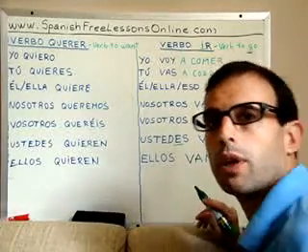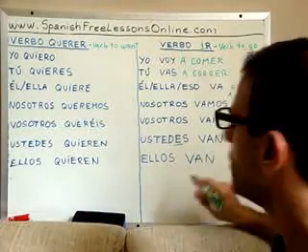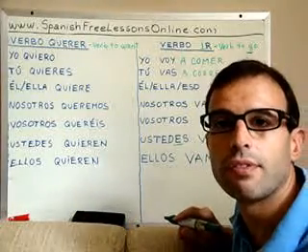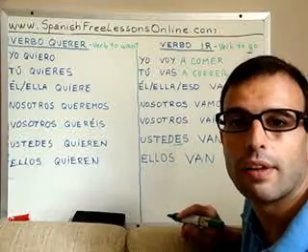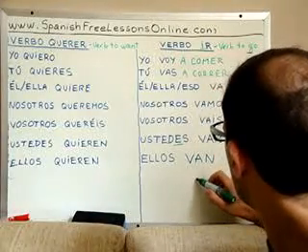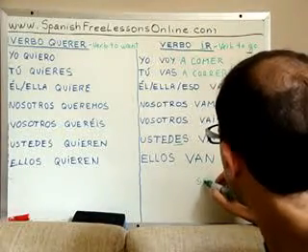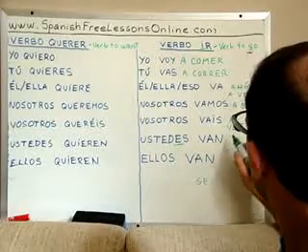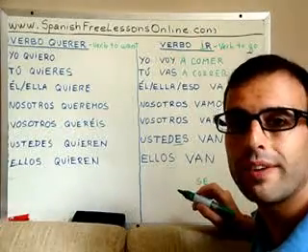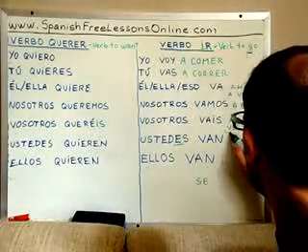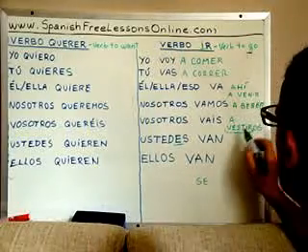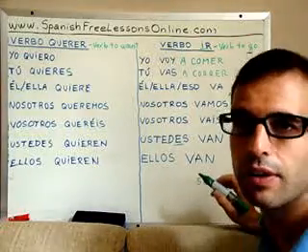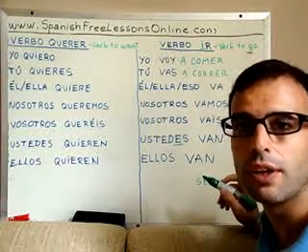Remember in one of our first lessons, we learned the reflexive verbs that finish with se. The verb to dress would be vestir, okay, finishing in ir, from the group of verbs that finish in ir.